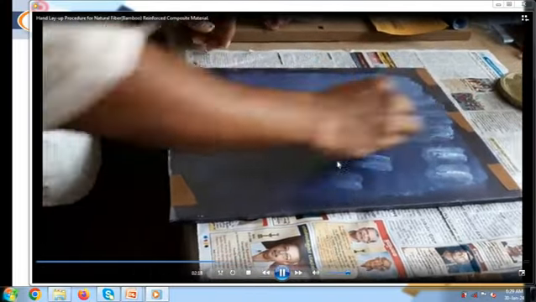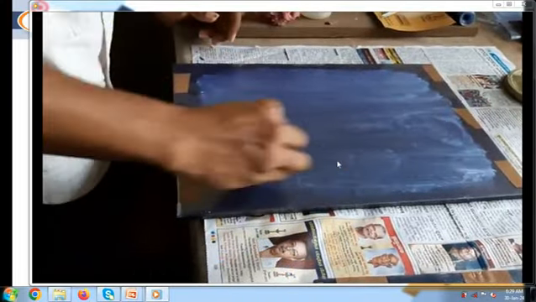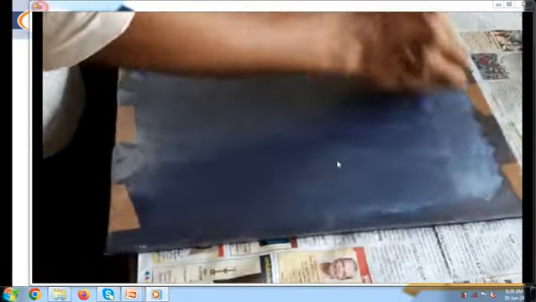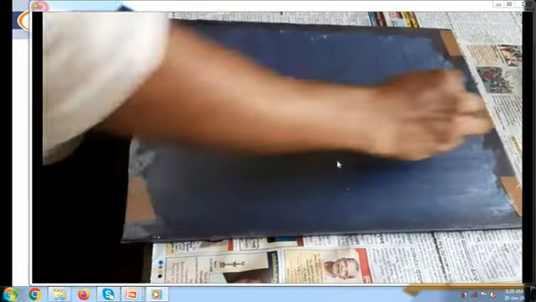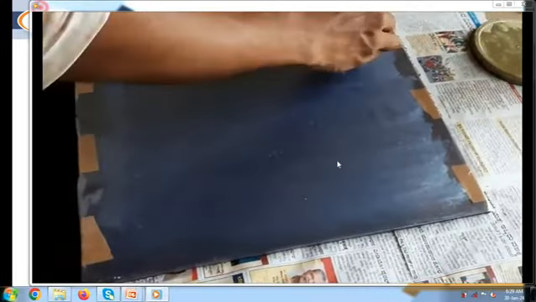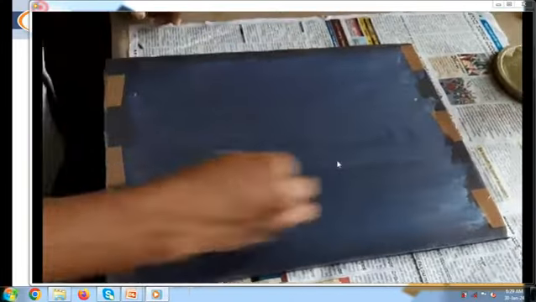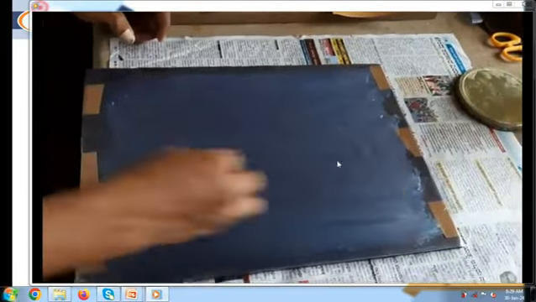The wax is used like a gel, so that at a later stage we can easily remove our composite laminate without hampering its fiber structure. So wax is thoroughly applied on this MS sheet.